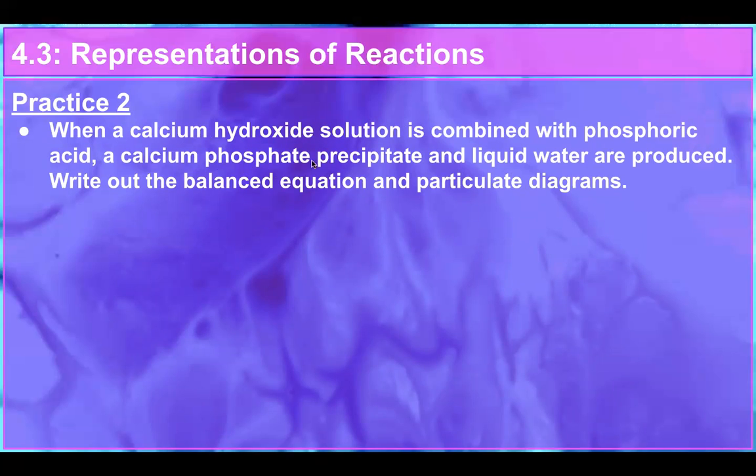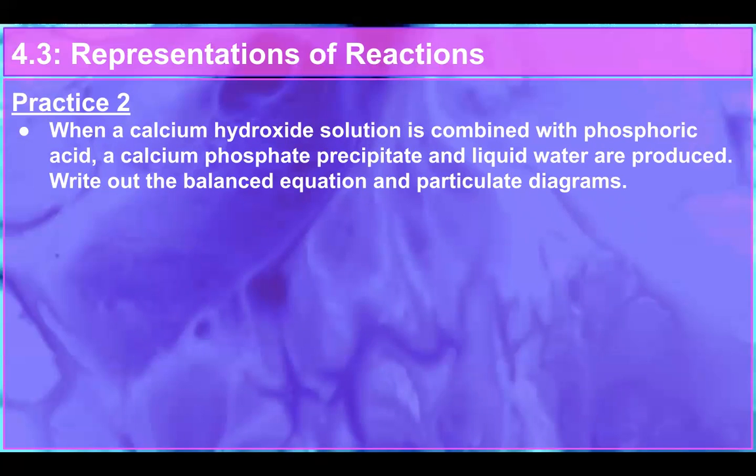The calcium phosphate, if it is a precipitate, tells us that it must be solid, and then we are given that it is liquid water. Okay, so you have your reactants, you have your products. So go ahead and write out a balanced chemical equation, and then draw some particulate diagrams.